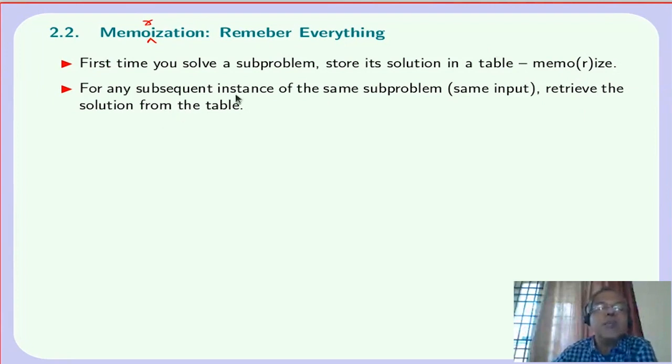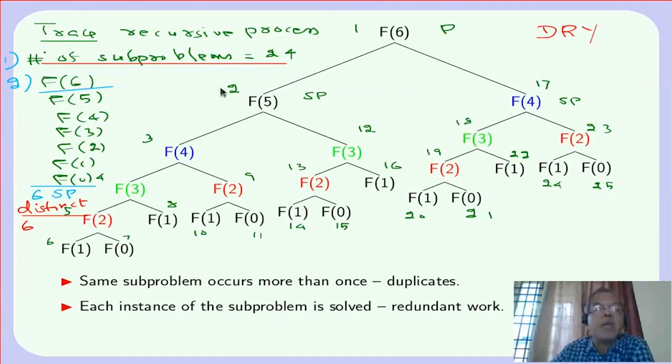For any subsequent instance of the same problem, for example, f of 3, we solve it the first time and store the result in a table. The second time f of 3 is encountered, do not solve it, but retrieve the solution from the table. Third time the subproblem f of 3 needs to be solved, do not solve, but look up the table.